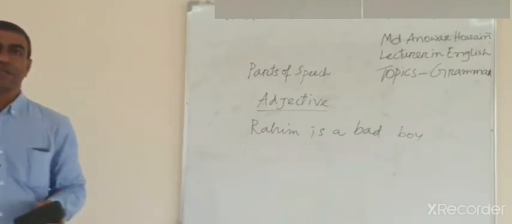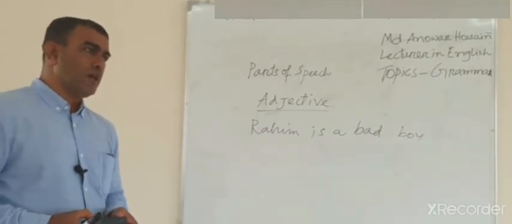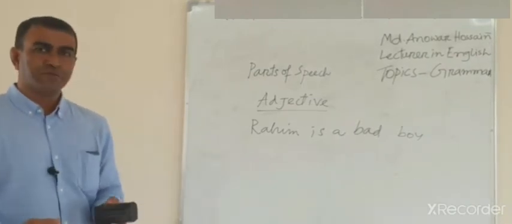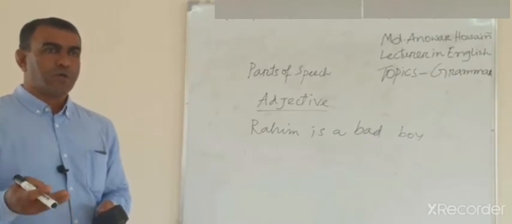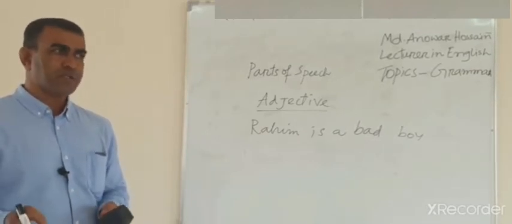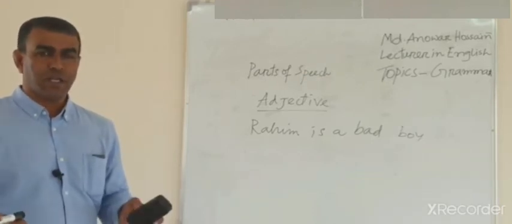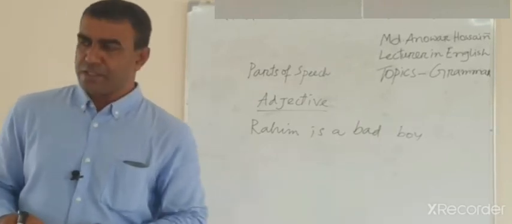Next comes the condition. The number and the amount, all these things are adjectives. So the quality, the price, the amount, the number and the condition, all things are adjectives. We will take detailed discussions in the next classes.